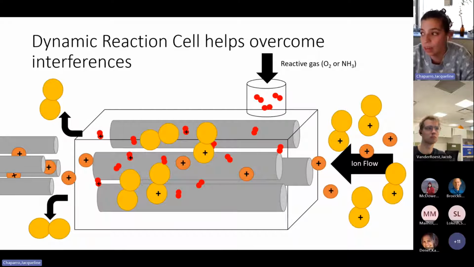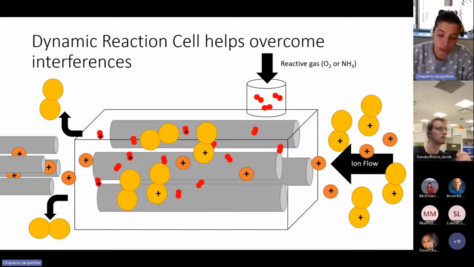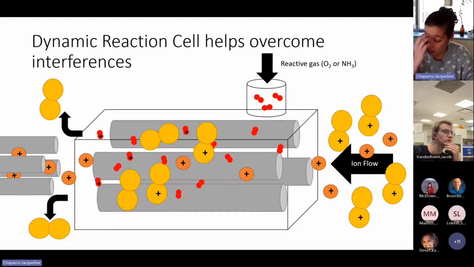In some instances, some people use helium, which is not a reactive gas, but it is able to remove interferences as well. But in our core, we use reactive gases, oxygen or ammonia. And so in this case, a chamber is basically flowed in with either of the reactive gases.